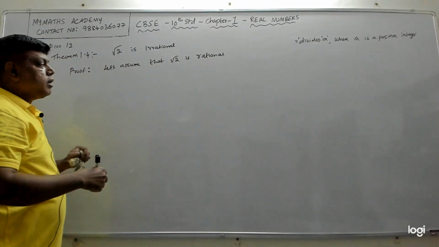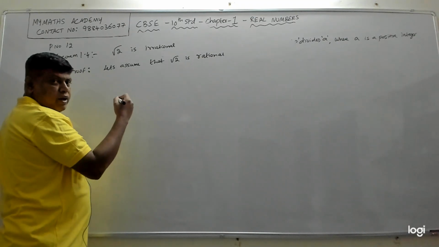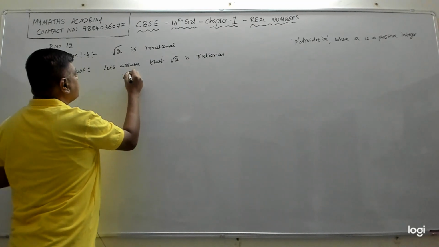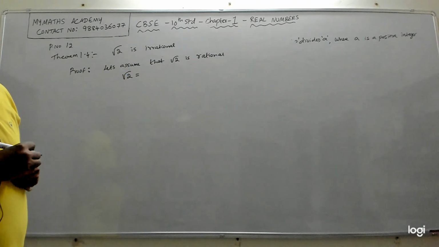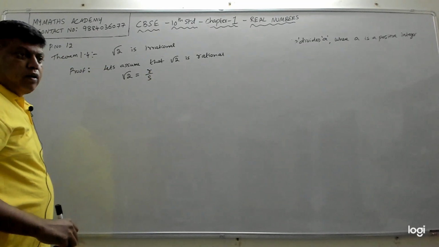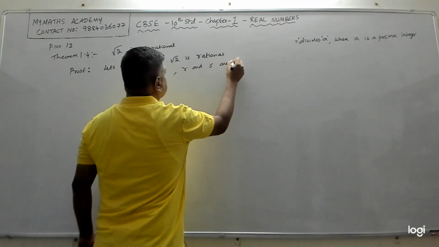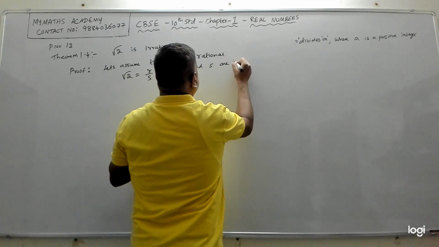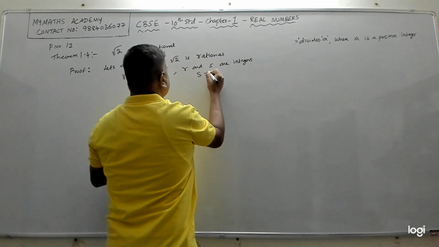Rational means rational number. Then we know that any rational number can be written in the form of a fraction. So root 2 can be written as some fraction r by s, where r and s are integers and s is not equal to 0.